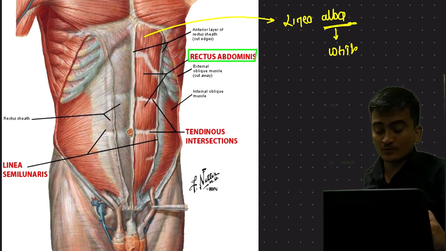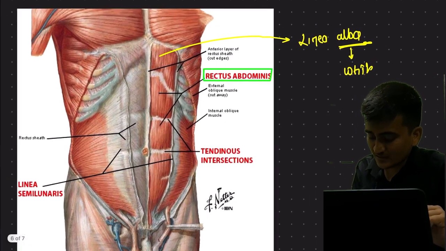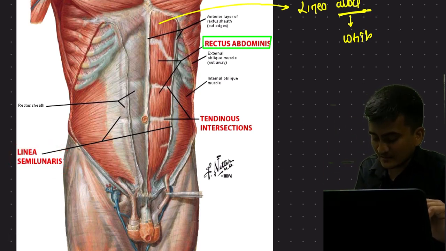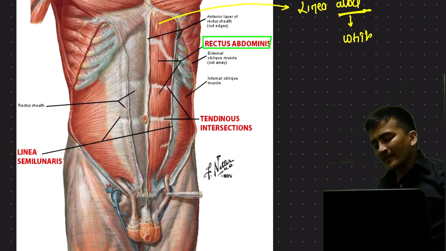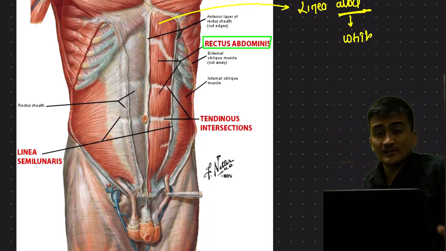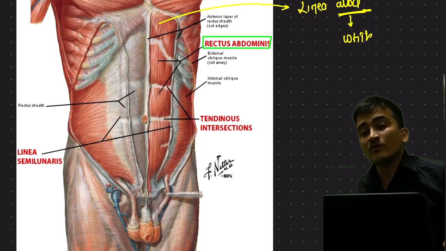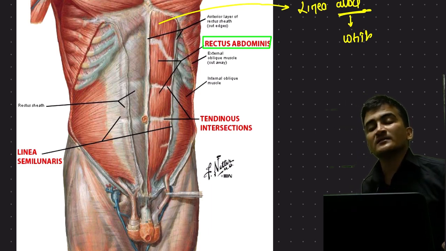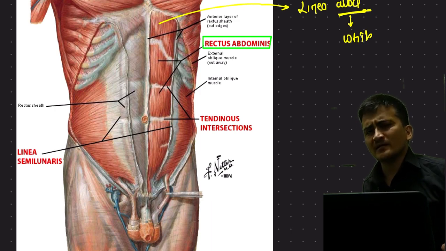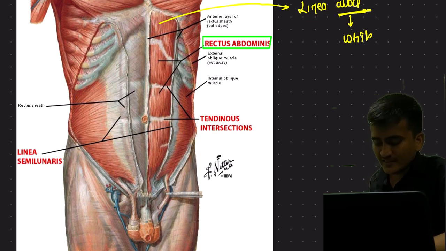We discussed this earlier. The linea semilunaris are the lateral boundary of the rectus sheath. We discussed it earlier in surface marking, in landmarks of the abdominal wall.